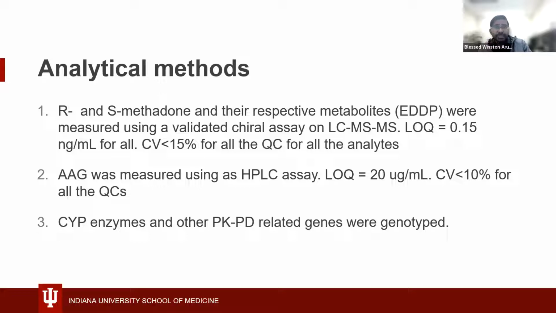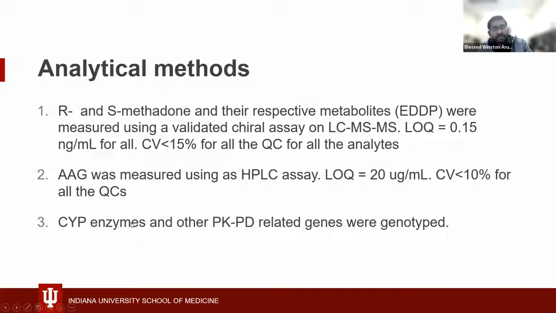So we know the individual concentrations of R and S methadone, with a reasonably good LOQ and very good CV. And we also measured AAG because we wanted to know the effect of AAG on the concentrations or the pharmacodynamic effect.